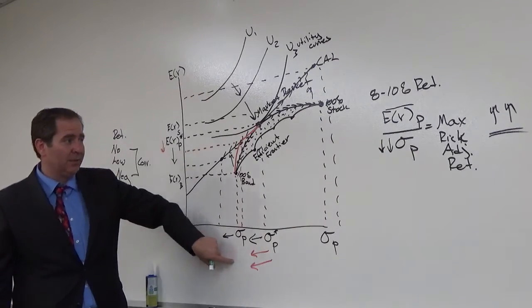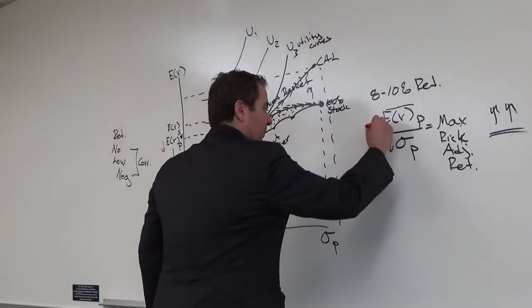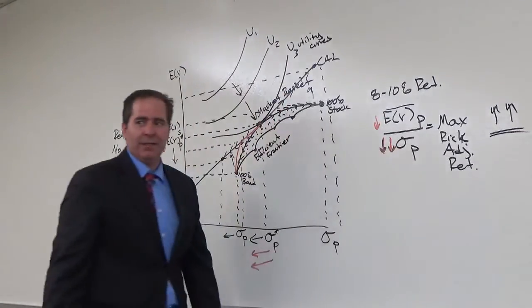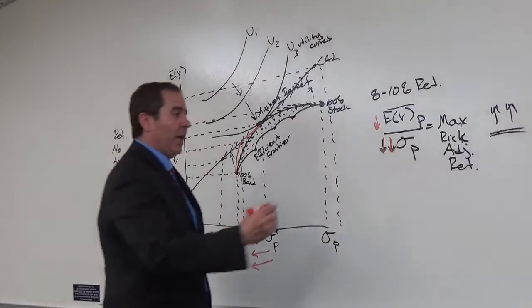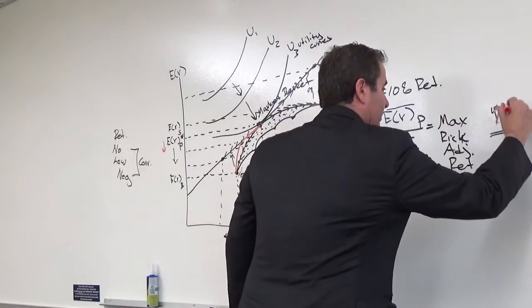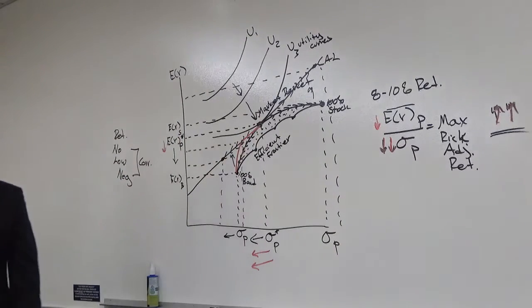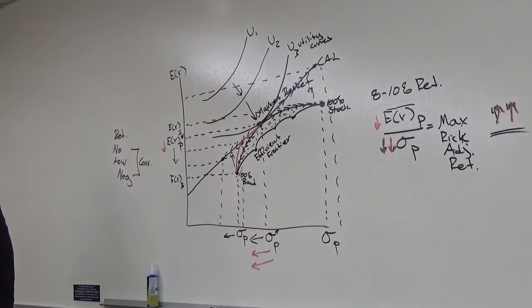So yes, my expected return will go down, but my portfolio standard deviation will go down even more, and my risk-adjusted rates of return will go up significantly, and risk-averse investors or institutional investors are better off.